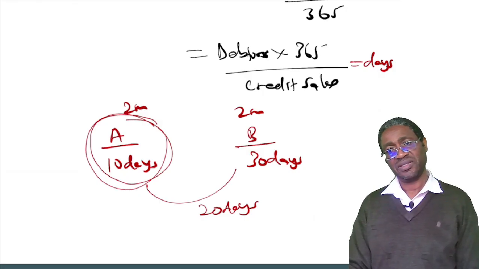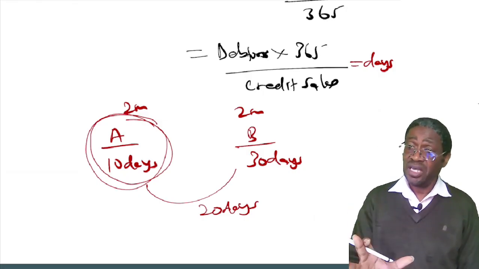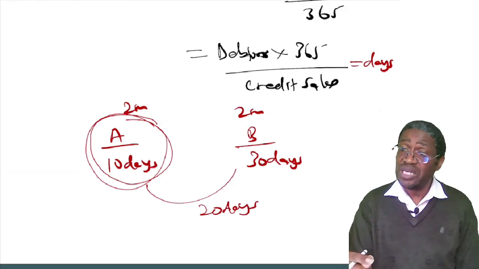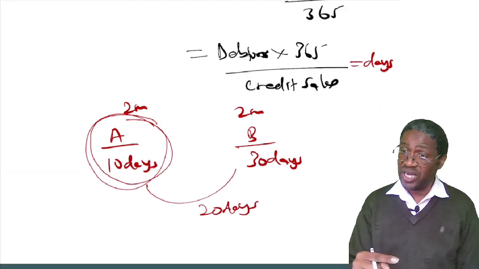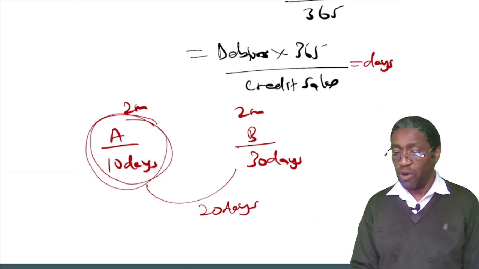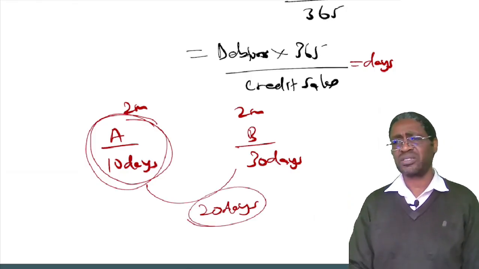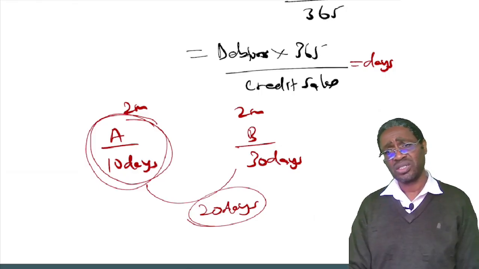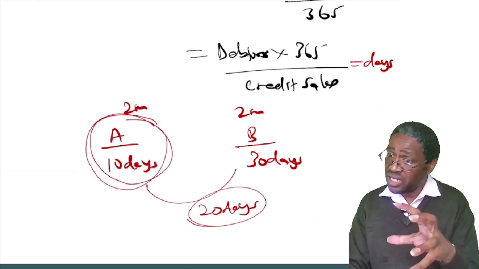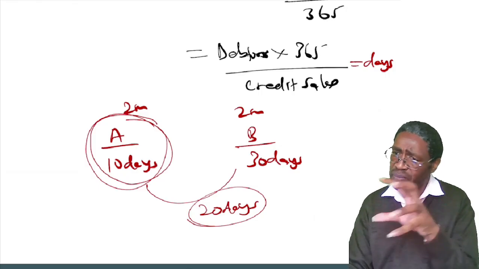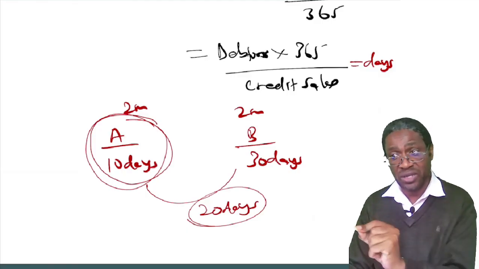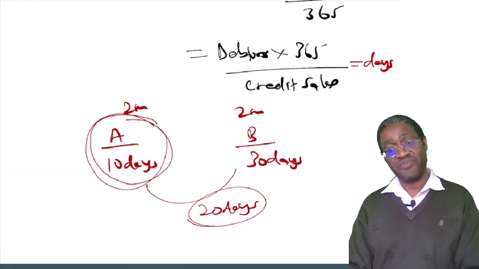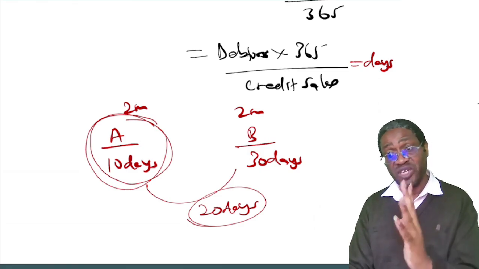So I can utilize my 2 million elsewhere to generate profit before you get your cash. So we normally say, the shorter the period, the better the firm, because of different reasons.